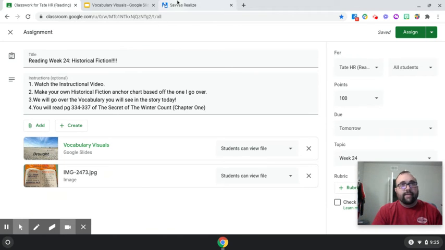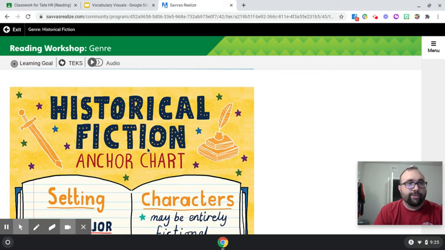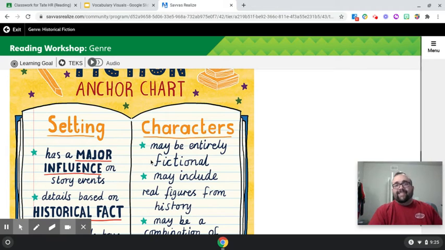So, first things first, let's look at our anchor chart. So, historical fiction. Does anyone know what historical fiction is? Yeah, you in the back? So you're saying historical fiction is basically fiction, so the story itself didn't happen, but the setting might be real.